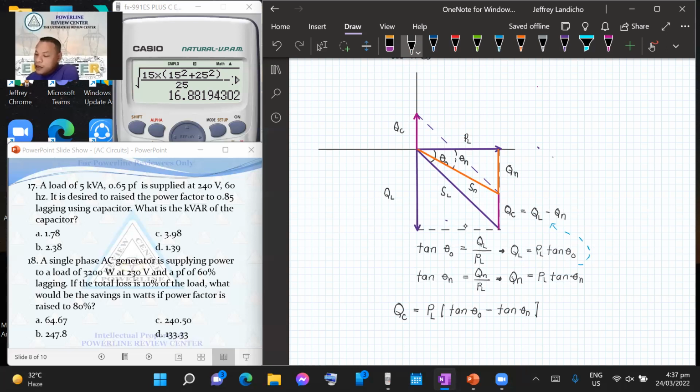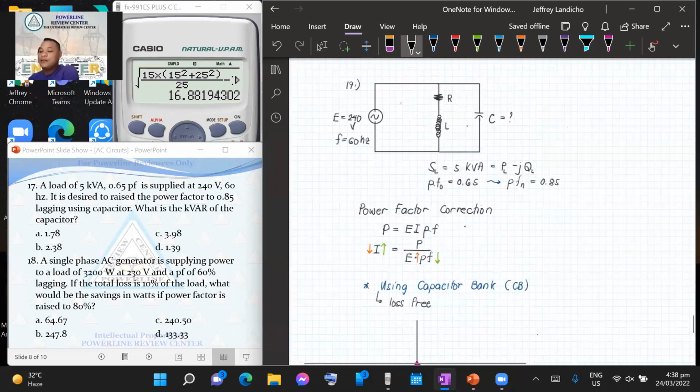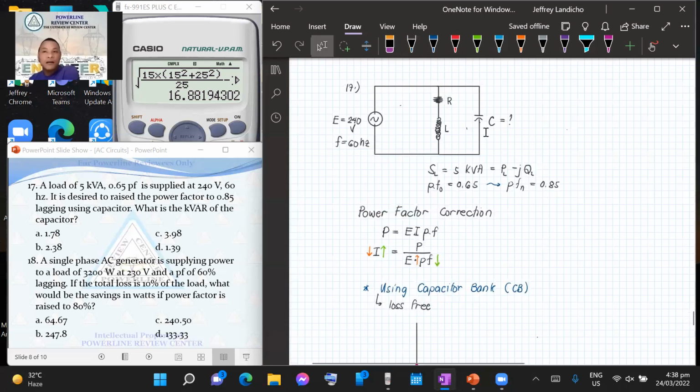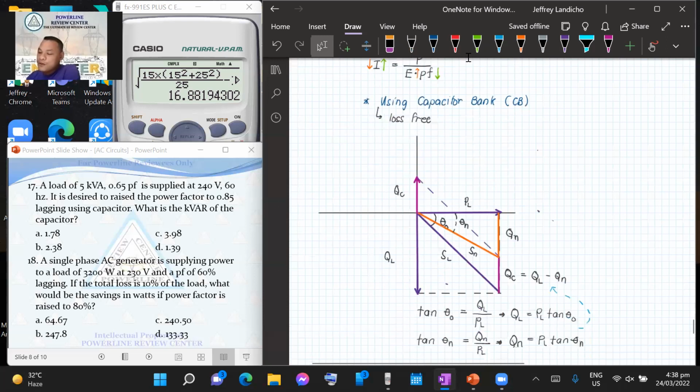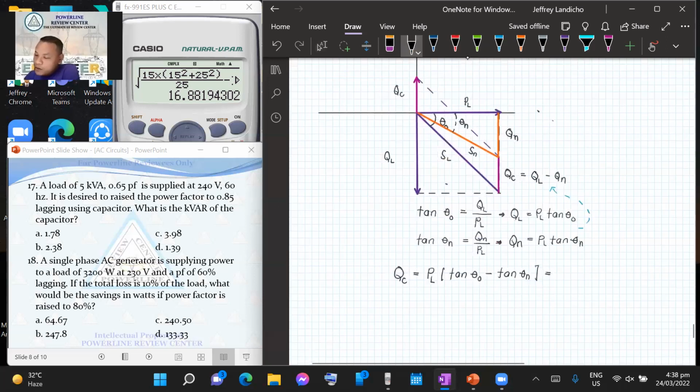At alam natin, reactive power, anong connection nila? They are connected in parallel. So ibig sabihin, kung ano man ang voltage drop dito sa ating capacitance, that is also equal to your source voltage. So using power formula, it is also equal to the source voltage squared over the capacitive reactance.